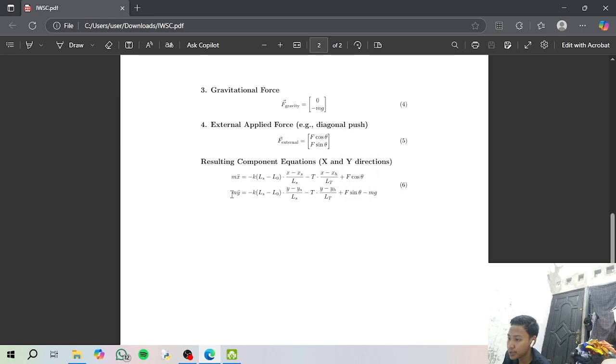Same for the y direction: the forces given by the spring, the rope, and then the applied force, and also in the y direction we have the gravitational force.